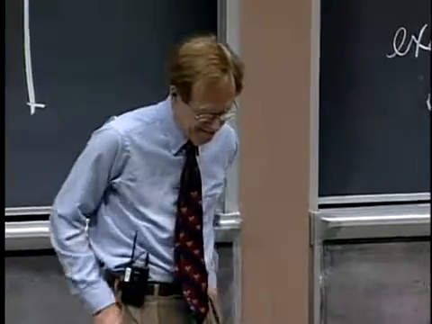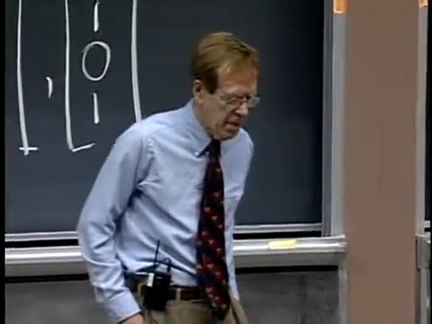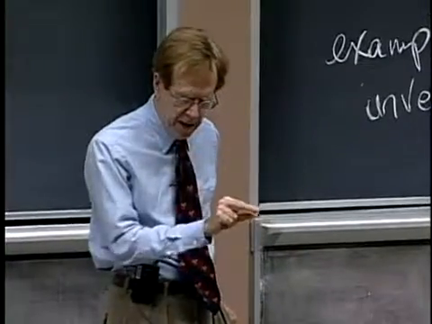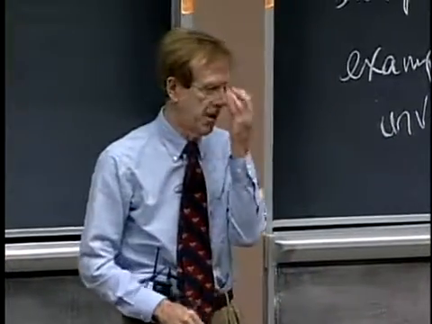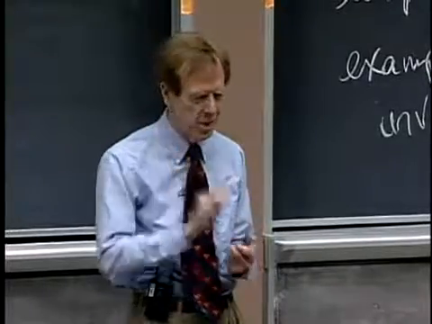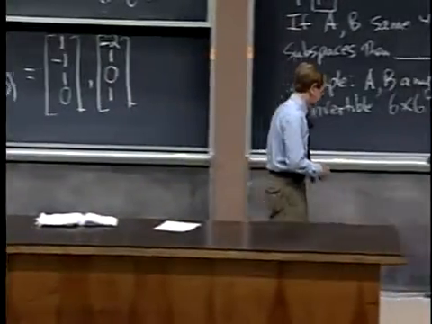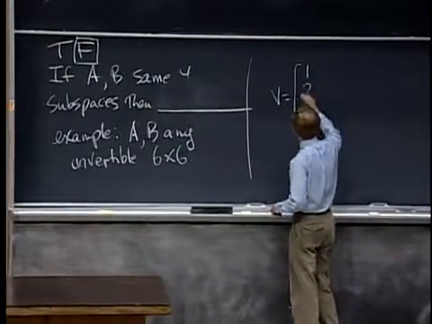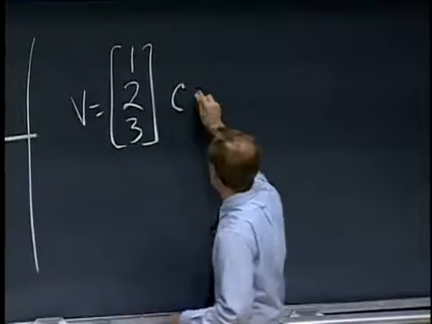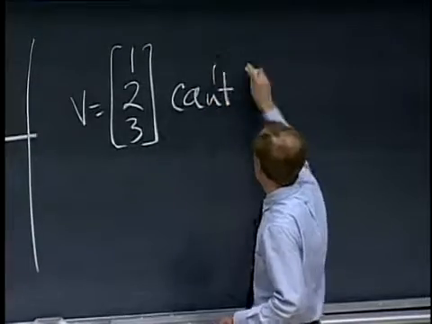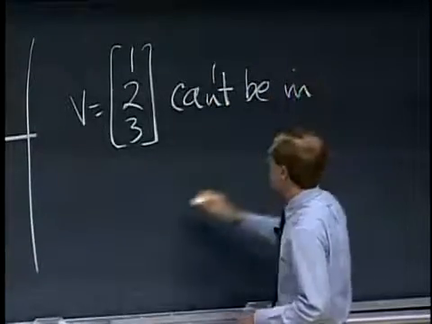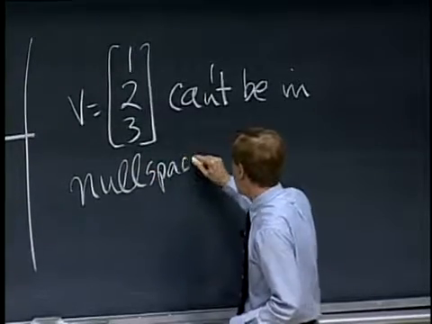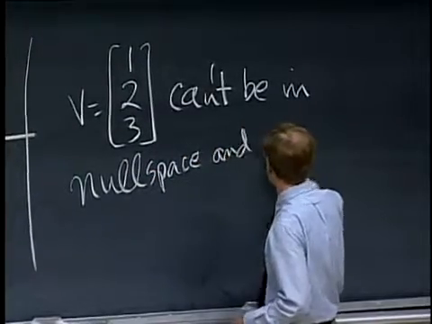Here's a question. Oh, this leads into the next chapter. Why can the vector 1, 2, 3 not be a row and also in the null space? Let me close with this question. So this vector 1, 2, 3 can't be in the null space of a matrix and the row space.